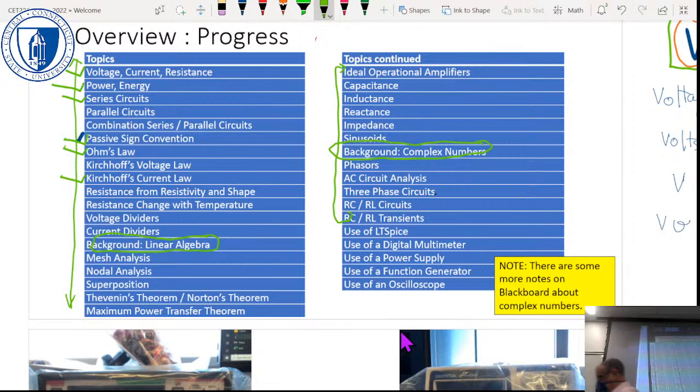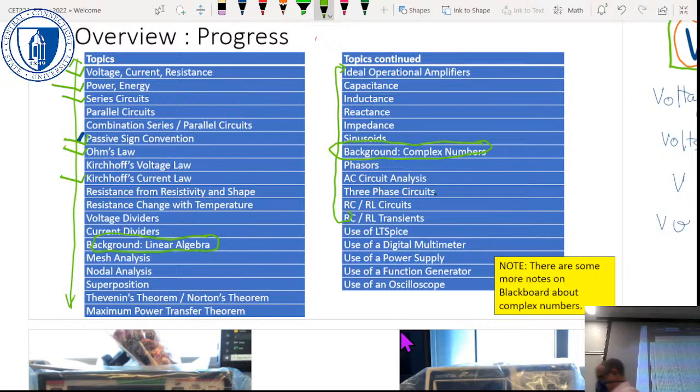Sorry, a little bit of intermission. Let's talk about parallel circuits, combination circuits, and Kirchhoff's voltage law. So let's just go back to Kirchhoff's current law.